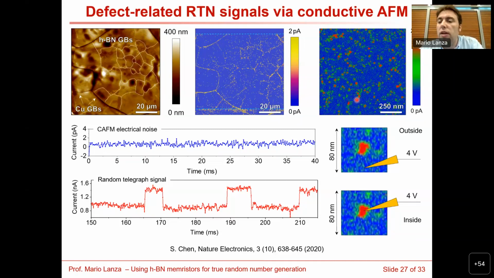Think about something. The breakdown voltage in conductive AFM is much higher than in normal devices, okay? So actually here I need 4 volts to see random telegraph noise, while in the device I need 70 millivolts. Also, the material of the tip is platinum, while in the other case it is silver. Okay.